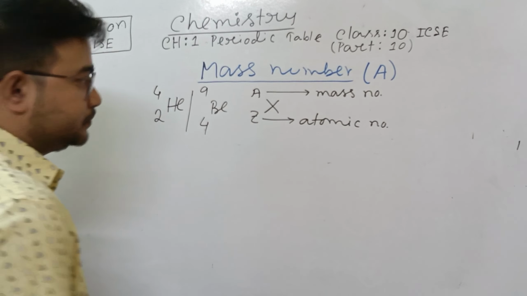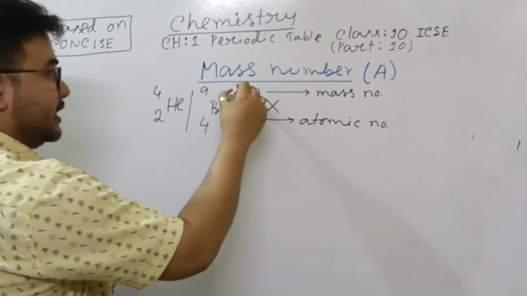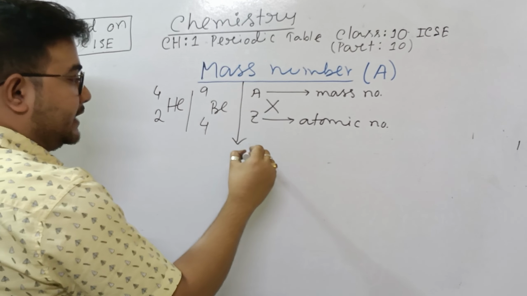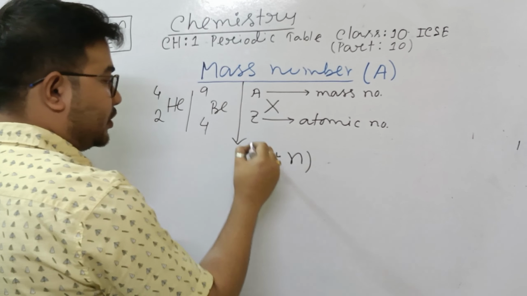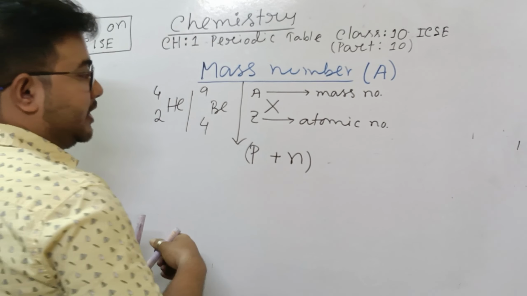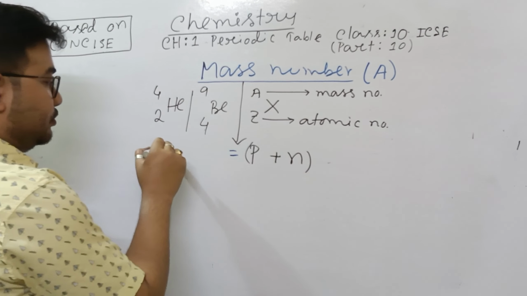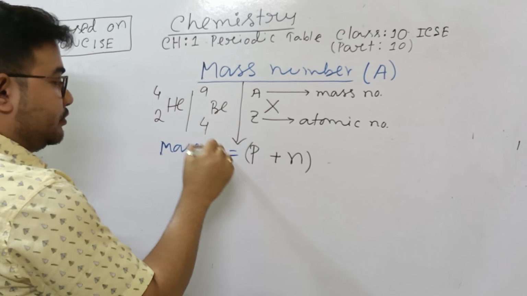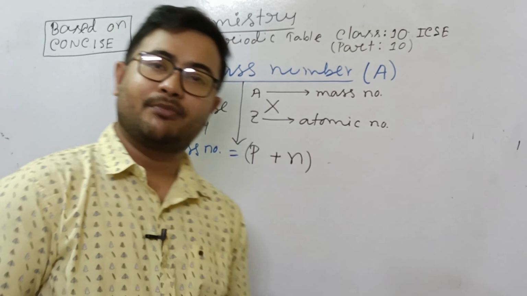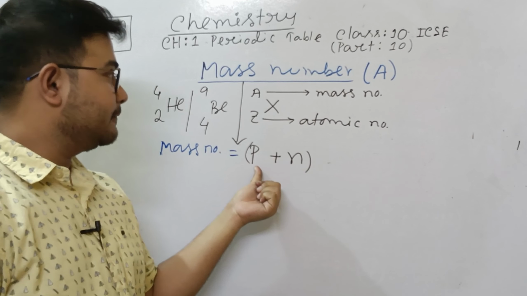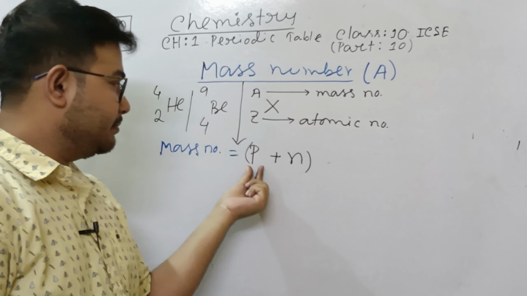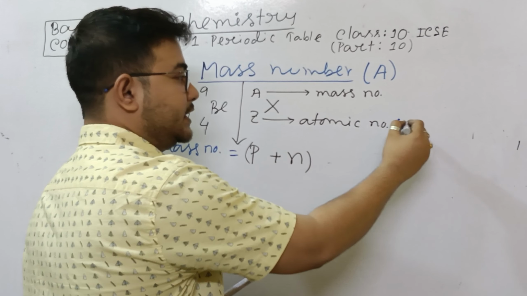Now, what is mass number? Mass number means number of protons plus number of neutrons. Number of protons itself is called atomic number, as I already discussed.